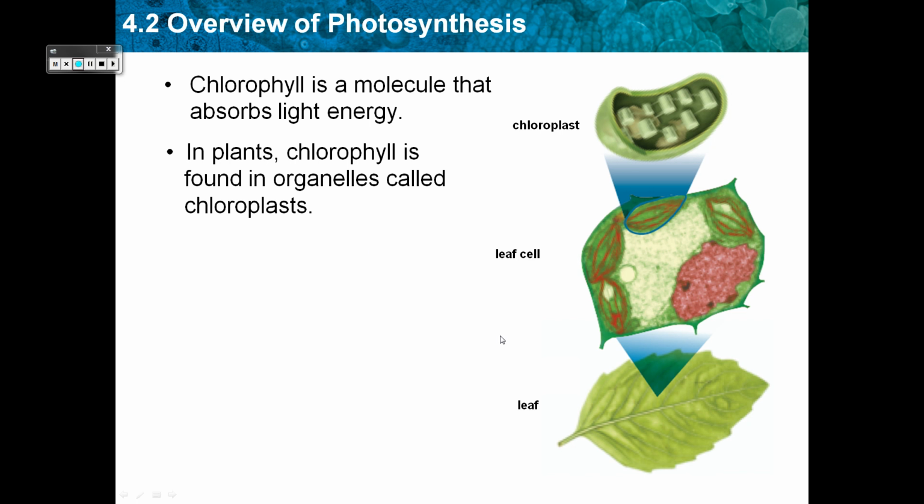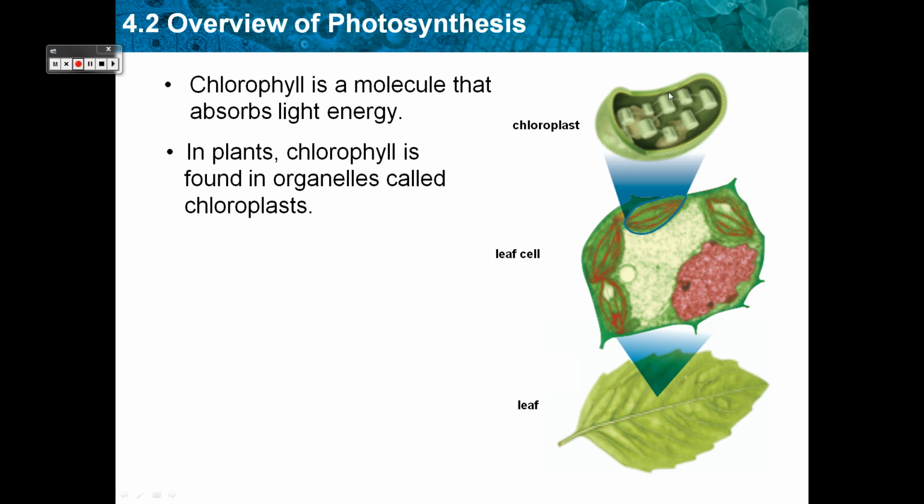All right, if you look over here, we have a leaf and a blow-up of the cell within the leaf. You can tell it's a cell because it's got all these organelle structures in it, like the central vacuole and the chloroplast. And then we have a blow-up of the chloroplast, which is an organelle with a double membrane. See, here's the outer membrane, here's the inner membrane, and it's filled with stacks of what look like green pennies.